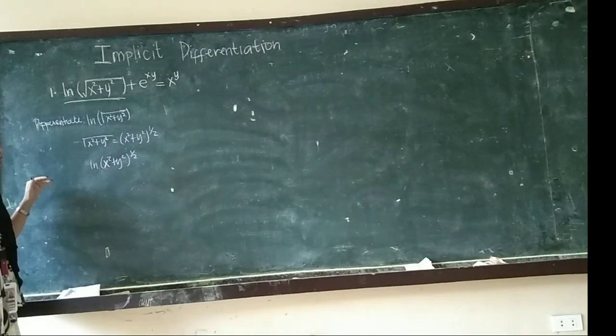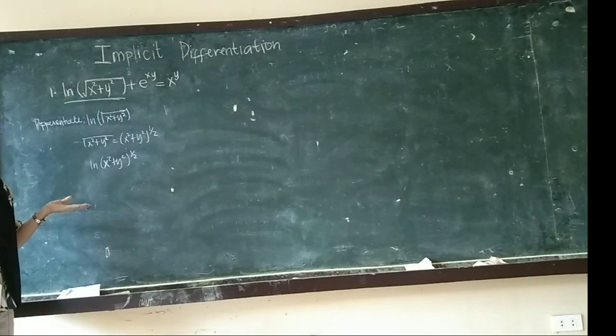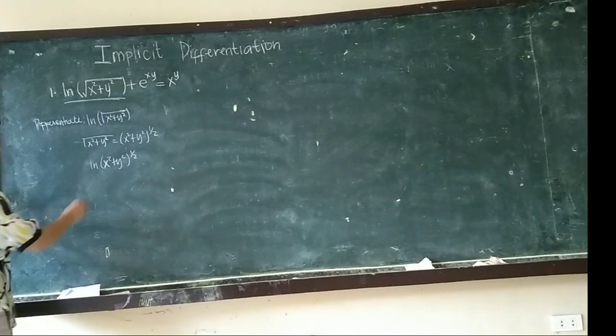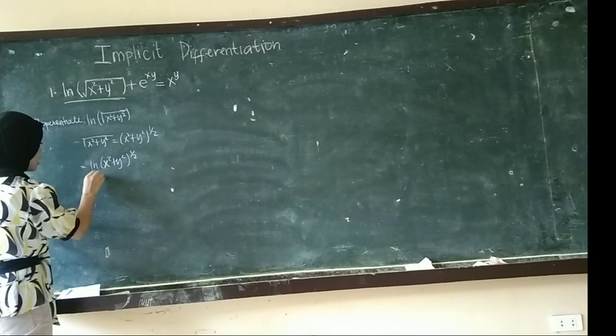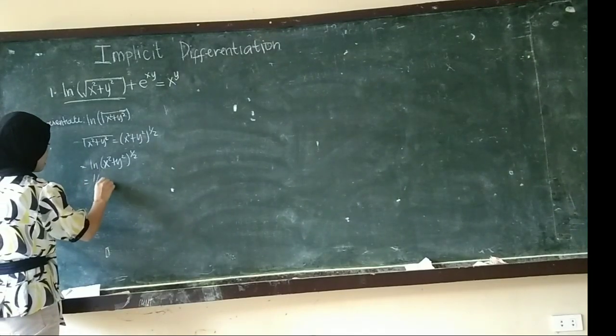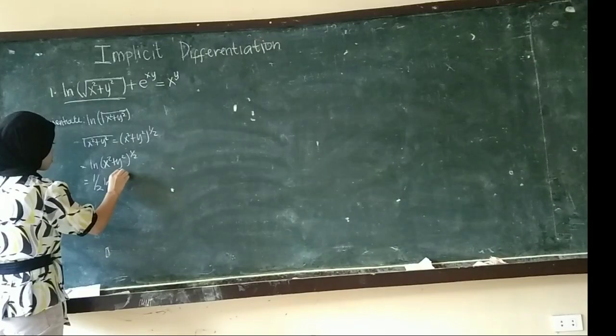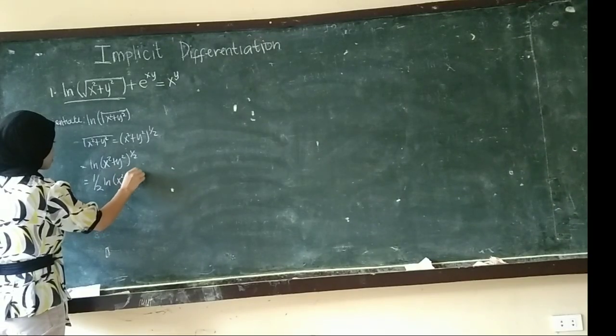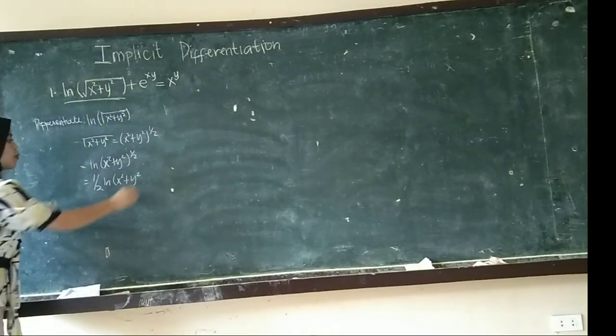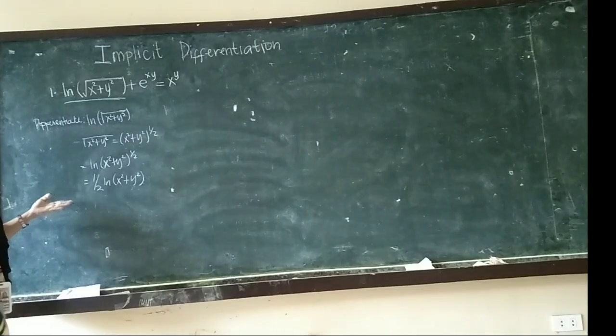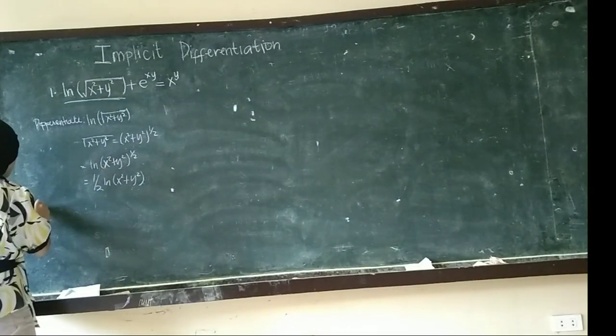Next, we are going to use the logarithm rule, and it will be 1/2 ln of x squared plus y squared. And the next step is to differentiate it, and we are going to use the chain rule.